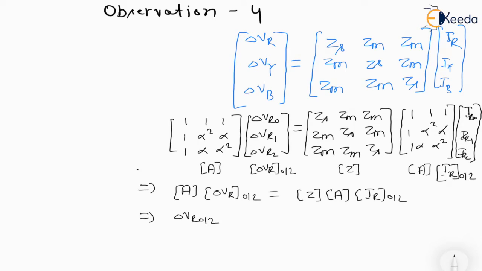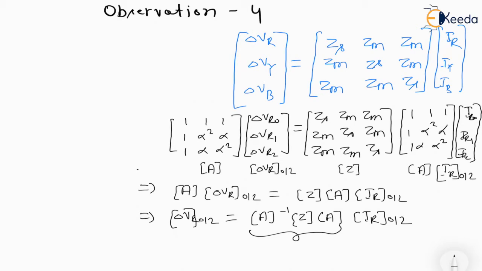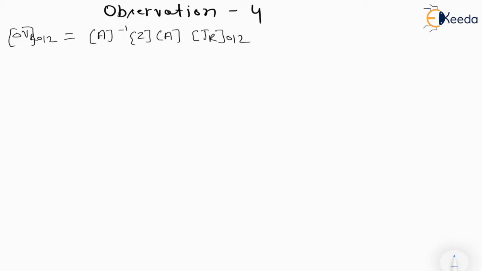If we want to find delta VR 0 1 2, then that will be equal to A inverse Z matrix A into IR 0 1 2. Now I am going to multiply this and write it directly: delta VR 0 1 2 is equal to A inverse Z A IR 0 1 2.